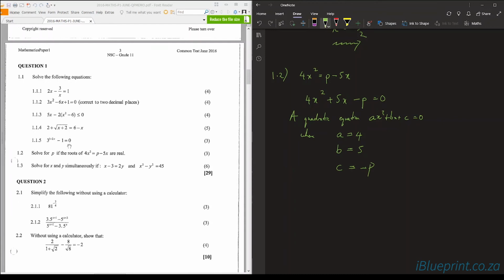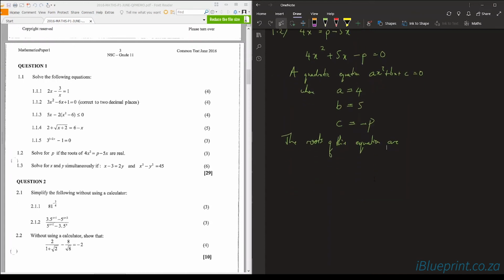And what they want to know is solve for p if the roots of 4x squared is equal to p minus 5x are real. Well, the roots of this equation are, and how do we get the roots of an equation?